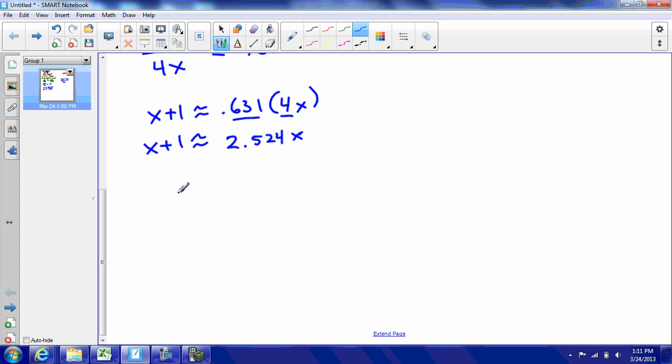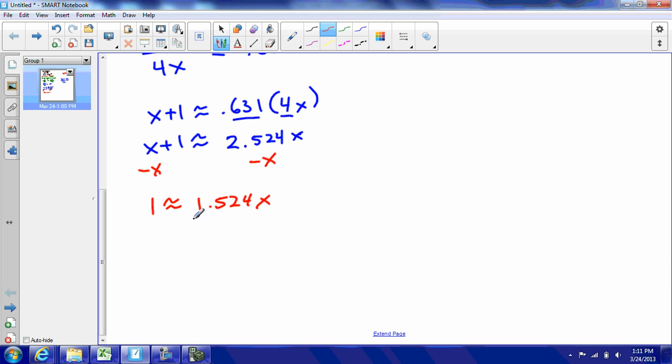I think I will subtract 1 from both sides. I'm sorry, I won't do that. I'm going to subtract x from both sides. So I consolidate my x's on one side of the equation. I have 1 is approximately equal to 1.524x.